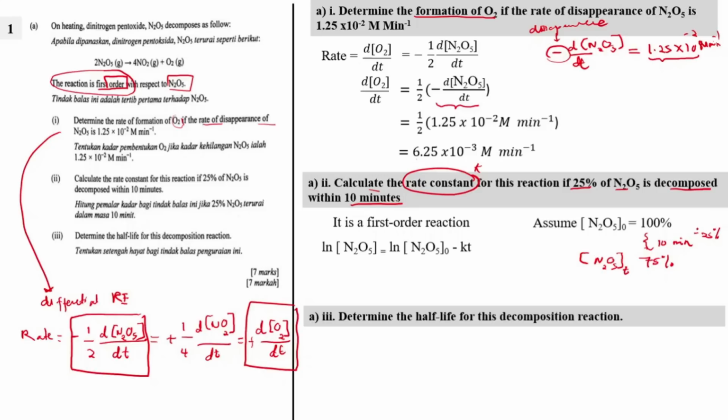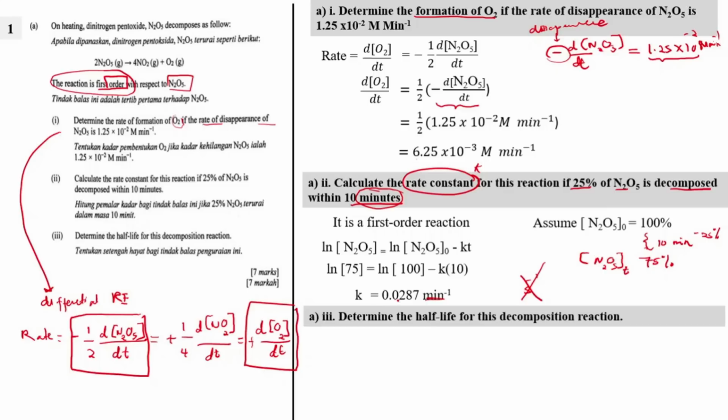So 25% has been decomposed. So we're going to substitute our 75 here and then our N2O5 initial to be 100. Okay, and then K is something that we need to find out, and then t here is 10 minutes. Okay, so we're going to solve the maths here, and then we're going to get our K to be 0.0287 per minute because our time here is in minutes. Okay, be careful, it is not per second, it is in minutes because we are using minutes.